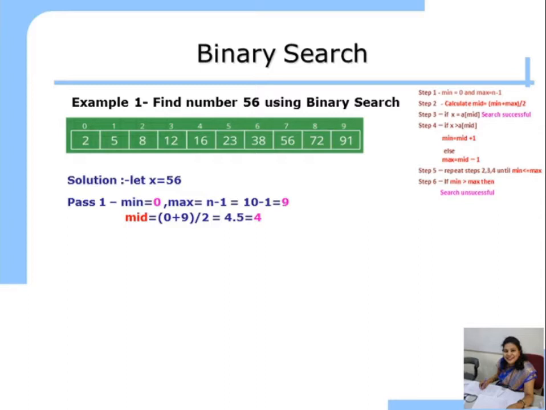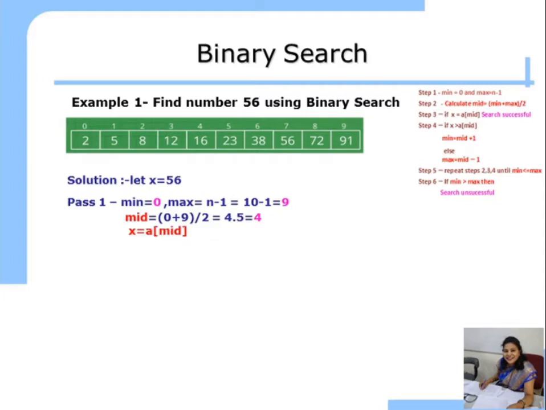If you try to store a floating value into an integer variable, what does it do? If you declare int a is equal to 4.5, a will store only the 4, and whatever is after the decimal point will be ignored. That's why I round all the values to the previous value in the binary search method. So now mid is 4.